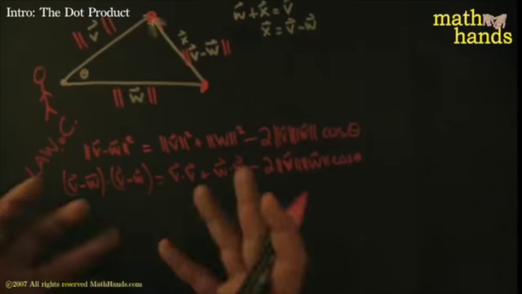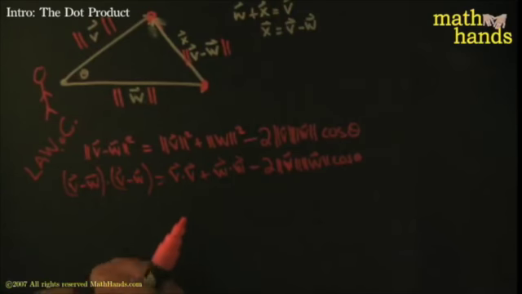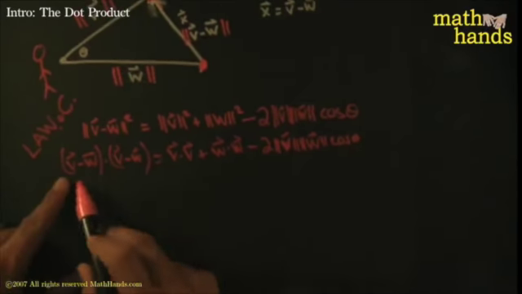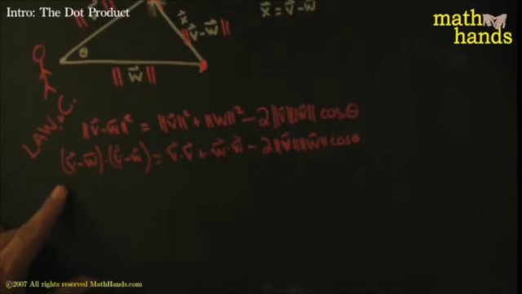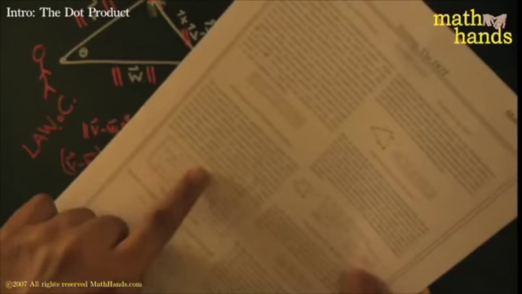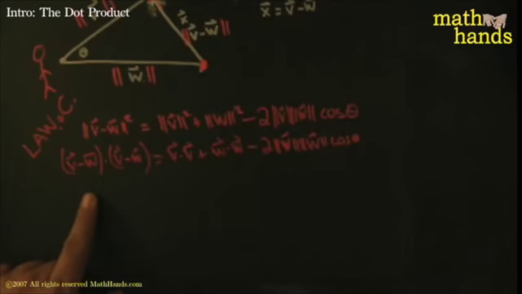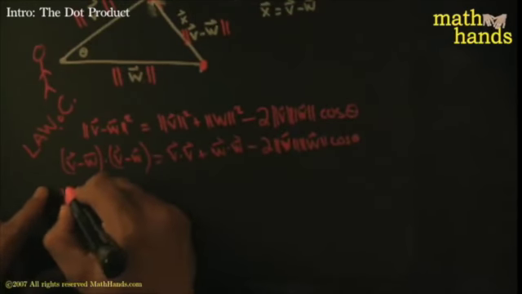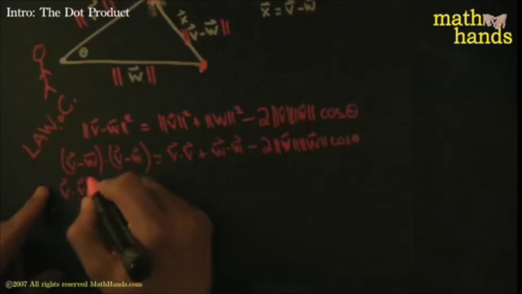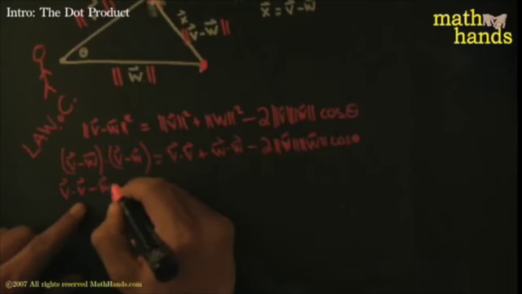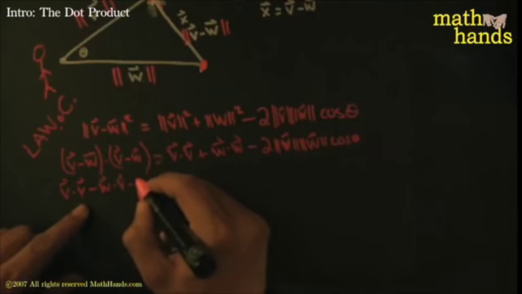Well, the law of cosines would tell you that the opposite side squared, that would be v minus w squared, is equal to the sum of these sides squared. So that would be v squared plus w squared. And that's almost what it would tell you. That's what it would tell you if it was just Pythagoras' theorem.